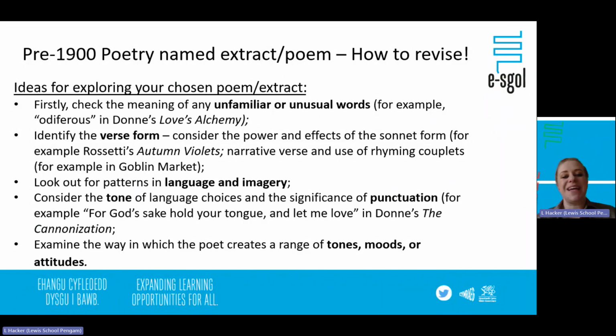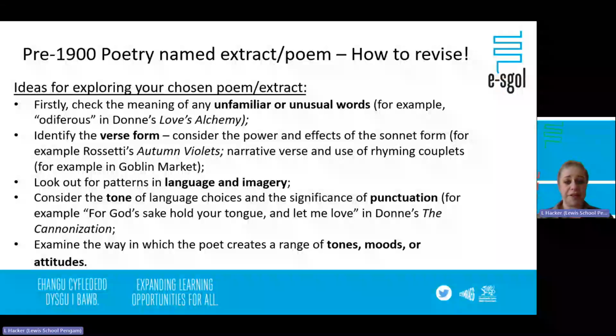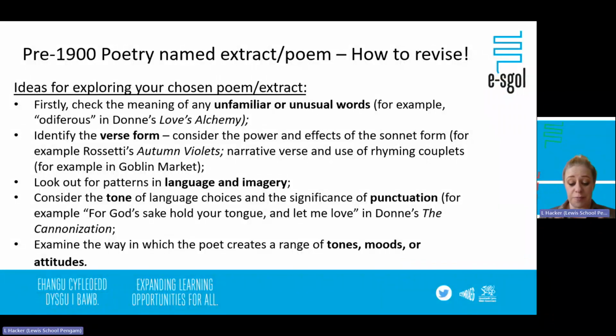You might also want to identify the verse form. Consider the power and effects of the sonnet form, for example, Rossetti's Autumn Violets. Narrative verse and use of rhyming couplets, for example, in Goblin Market. Poets use specific structures and verse forms for a specific means.